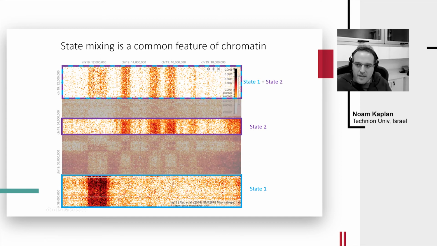So what we identify is that there are regions which are not... if you are familiar with, there's something called subcompartments, which said, okay, this is a different pattern. Let's say it's a different type of state, but this is not a different state. It's a mix between the states, okay? So this is a very interesting feature that we find is quite common, in addition to the fact that we have multiple states very clearly according to this model.